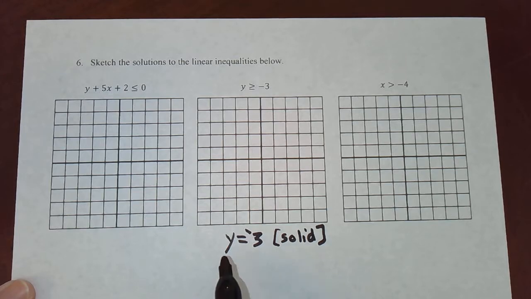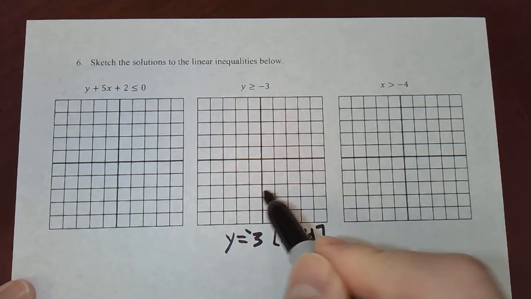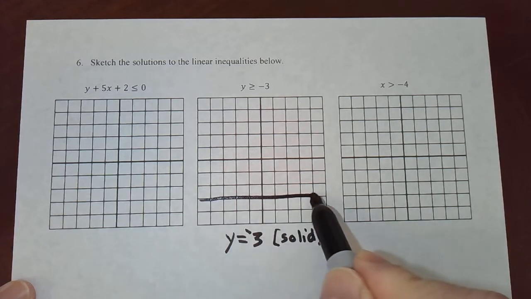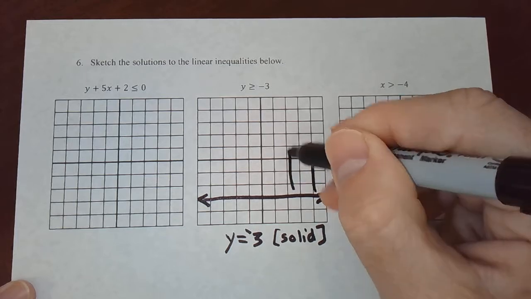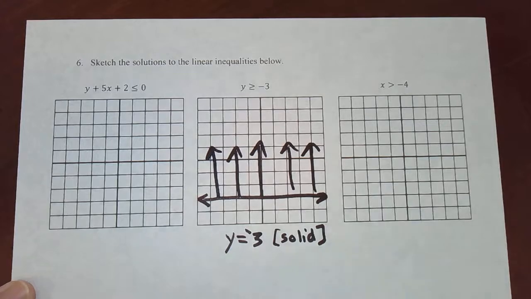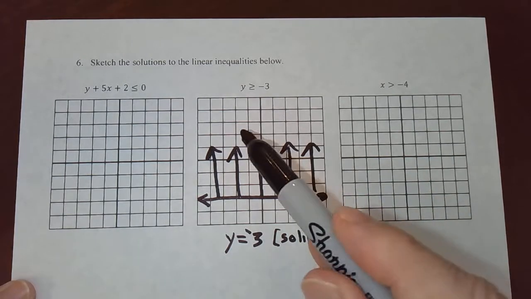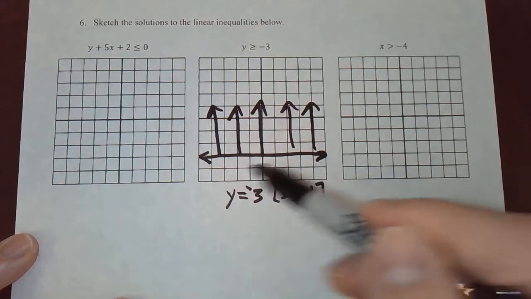So if we graph this horizontal line, we go down 1, 2, 3, -3. That's our line. And then we shade the upper half plane. As simple as that. If it were y less than or equal to -3, we would have shaded below this horizontal line.